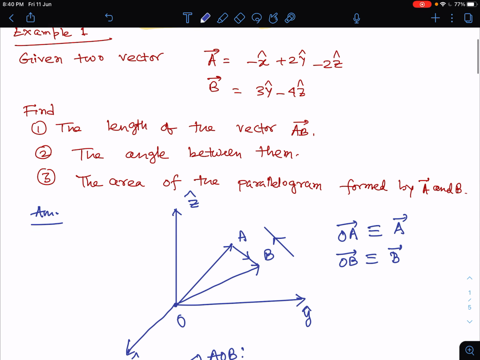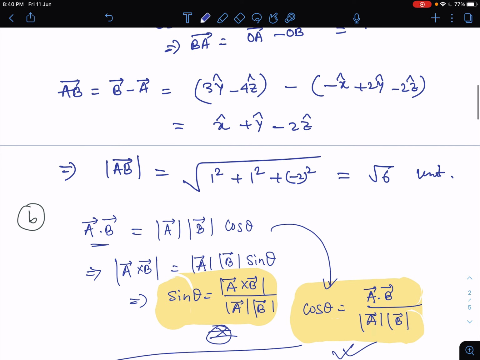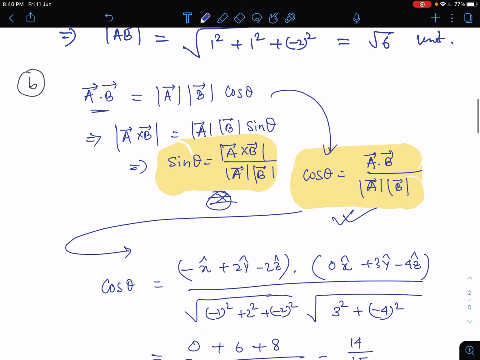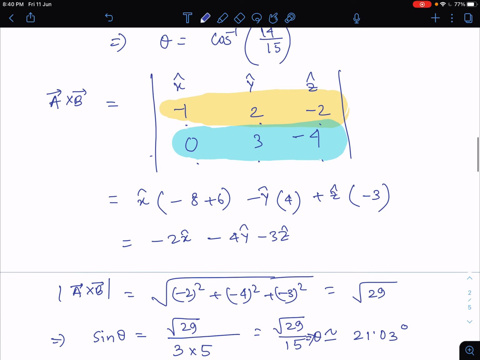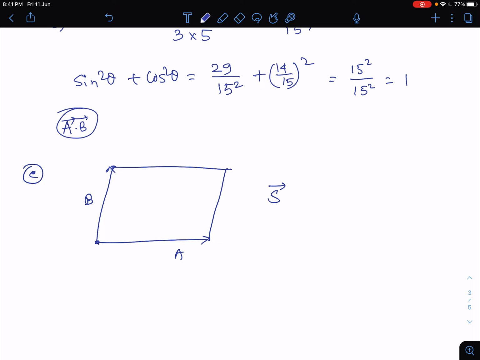So the third thing is you need to calculate the area of the parallelogram formed by A and B. The area is nothing but the area of the two vectors A and B. If you complete the parallelogram, that is A and that is B, the area vector, let's say S vector, acts, if you take the product A cross B, outside from the plane of the board.